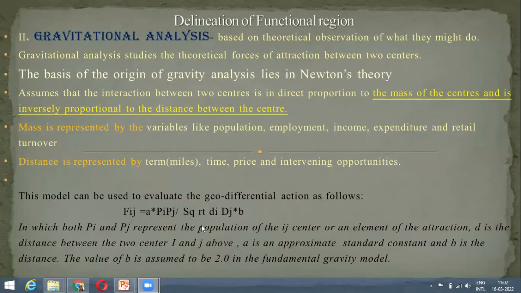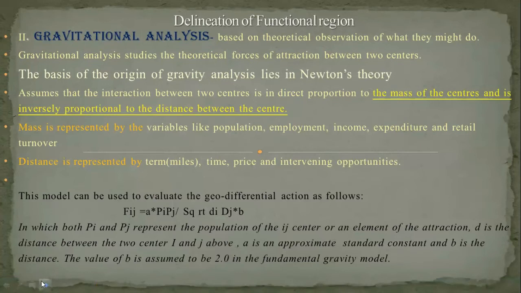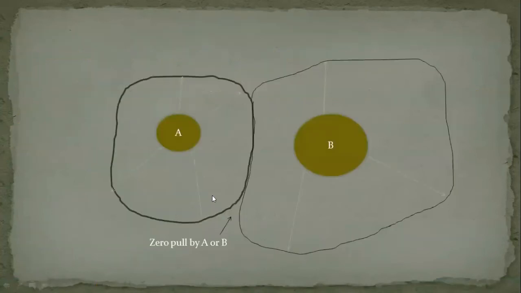Now, this is the model over here. This is the mathematical equation of that model. And for this model, you are seeing there are two regions.